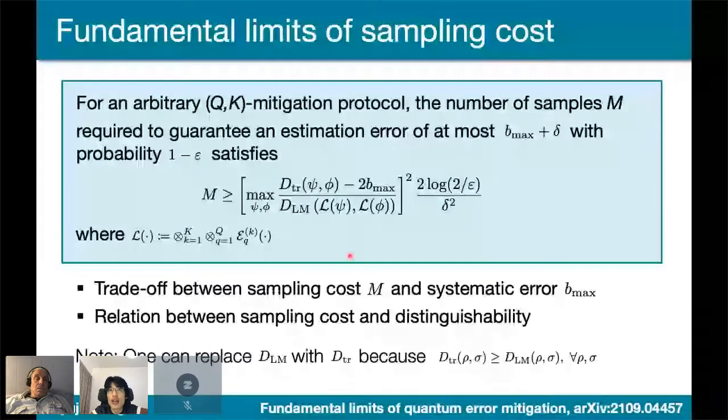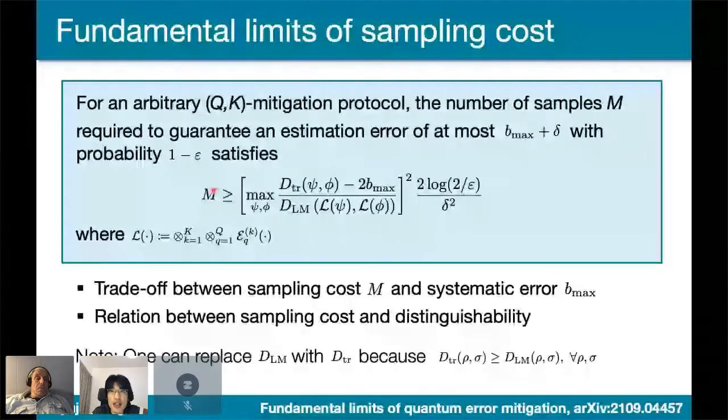As far as I know, it's the first time to bring in this information theoretic measure to assess the performance of quantum error mitigation. And one note, though, is that one can replace this local distinguishability measure with the trace distance without any problem. You can replace this with trace distance, and it should still serve as a valid lower bound on the sampling cost m.